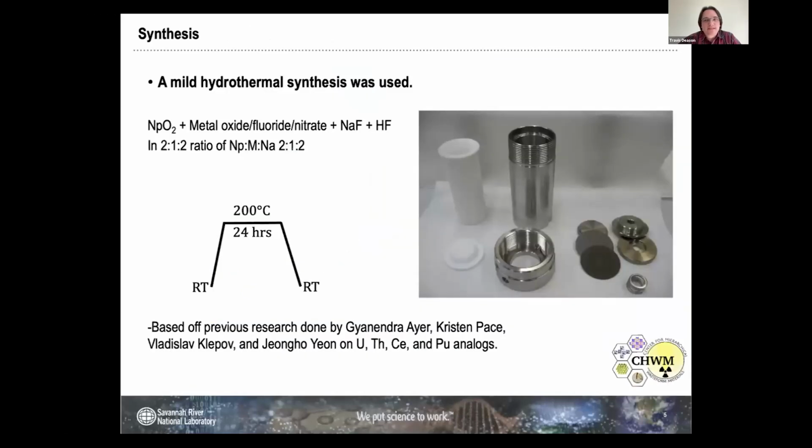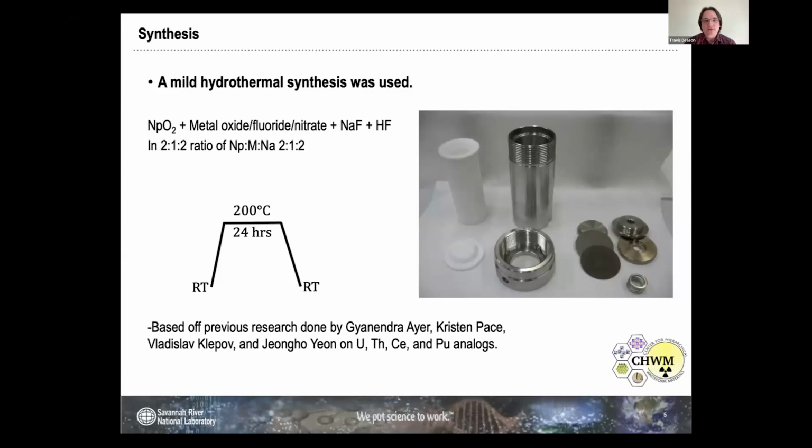So in the synthesis, in this paper specifically, I was using a mild hydrothermal synthesis. So it's considered mild because it's less than the supercritical point of water. But I take the neptunium oxide as my starting material. I take a transition metal precursor, whether it's the oxide, fluoride, or nitrate.